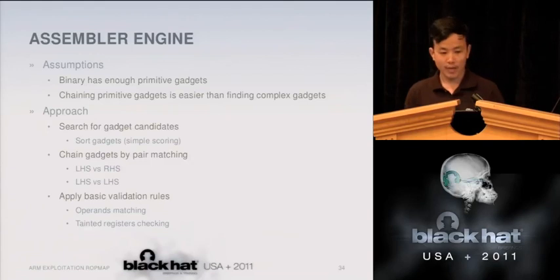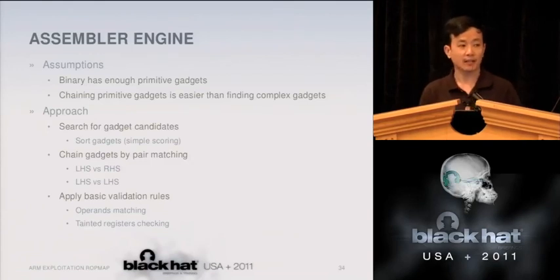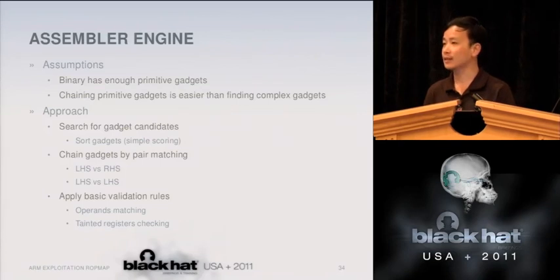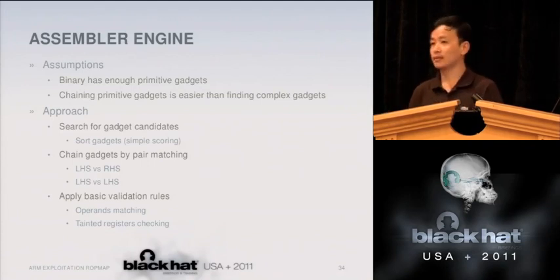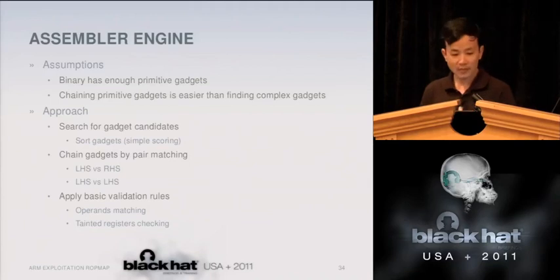Here we have an assumption that the binary we target has enough primitive gadgets, like simple pop register, load register, and so on. So we just use those simple gadgets, but don't look for complex gadgets. And chaining simple gadgets is easier than finding a complex gadget.